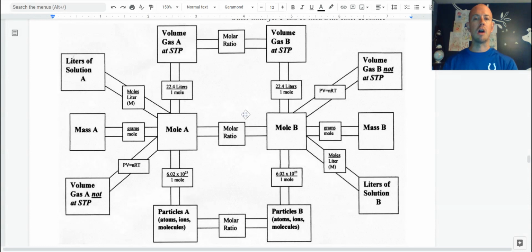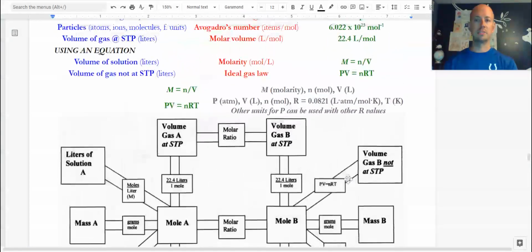We'll see here there are some other things that can directly be connected with the mole ratio, but almost always, no matter what we have, we change it to moles. Then we go to the mole ratio, which is just the coefficients. That mole ratio tells me the moles of the other thing, and I can use that to end at moles or find any of the others.